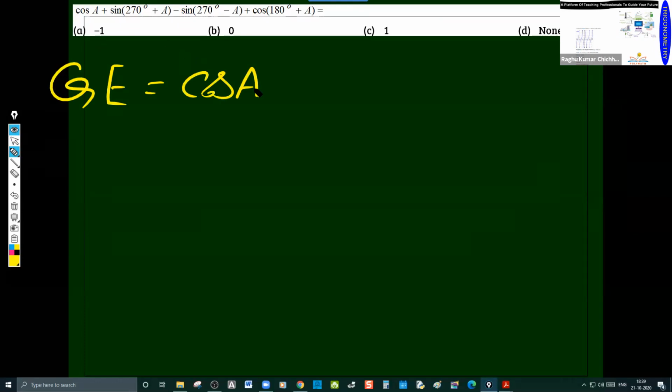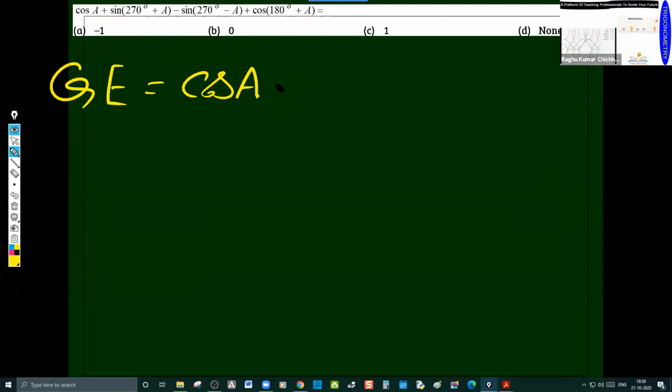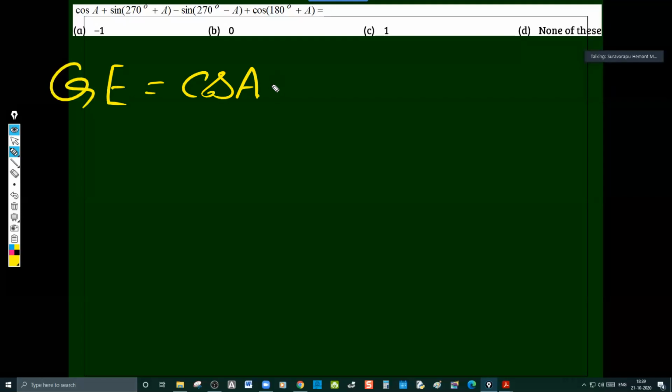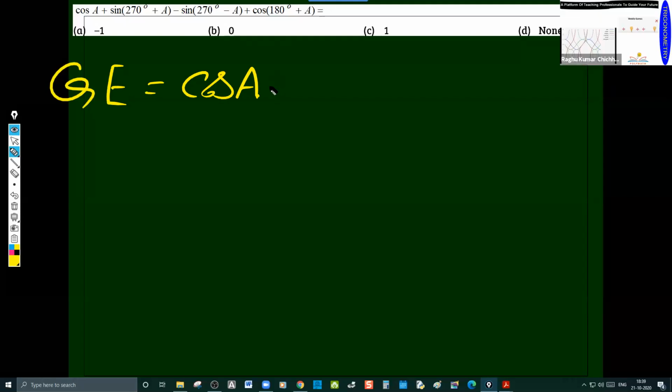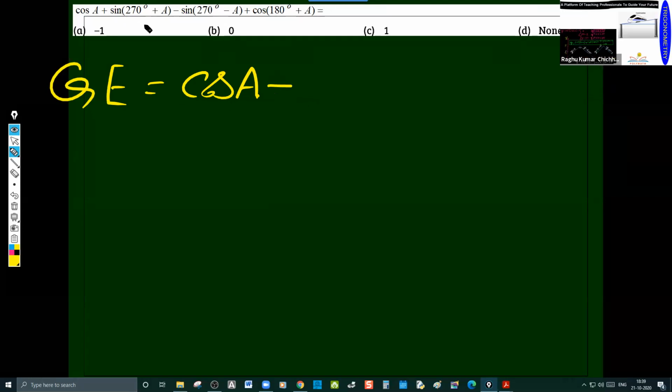Now sine of 270 plus A, Maurya, tell me which quadrant 270 plus A is. 270 is in the third quadrant, plus A means fourth. In the fourth, sine is positive or negative? Sine is negative. For 270, will it change or not? It will change. So what will it be? Cos.